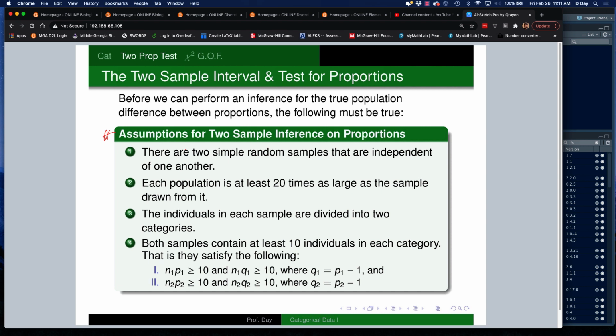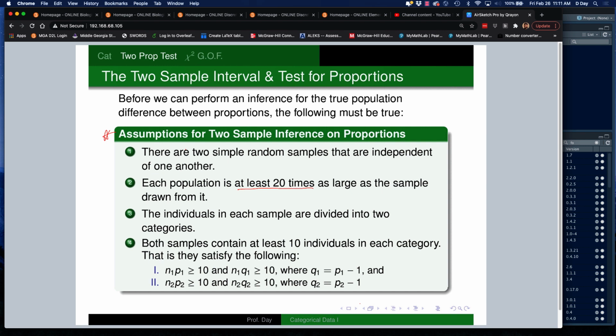So there are two simple random samples. That's the first assumption we have here, that are independent of one another, so they can't be from the same sample. They have to be two separate samples, right? So you get a proportion from each one.